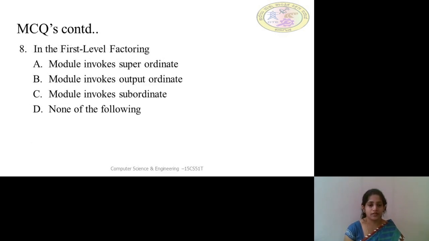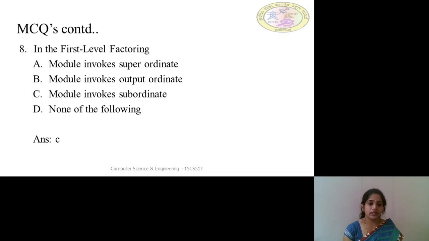Question number 8. In the first level factoring, option A, module invokes superordinate, option B, module invokes output ordinate, option C, module invokes subordinate, option D, none of the following.